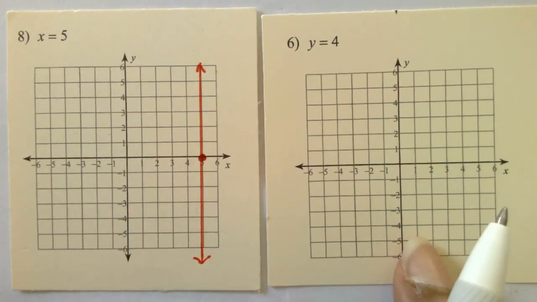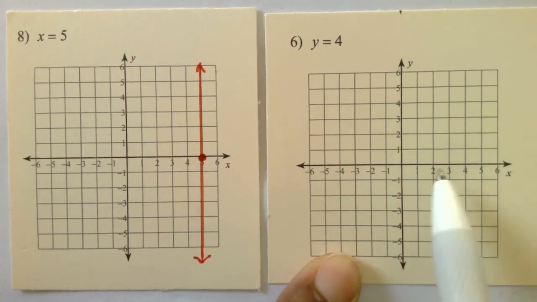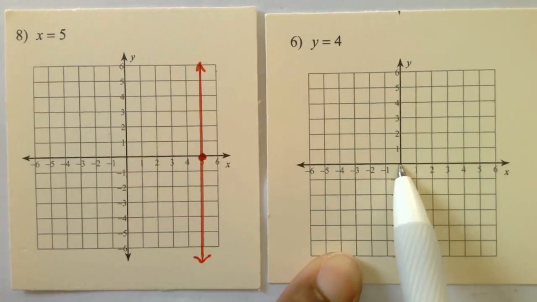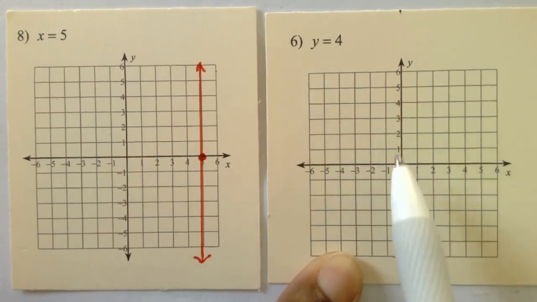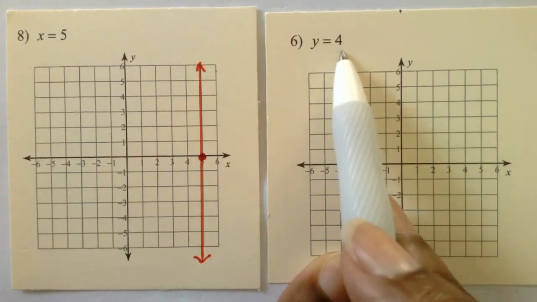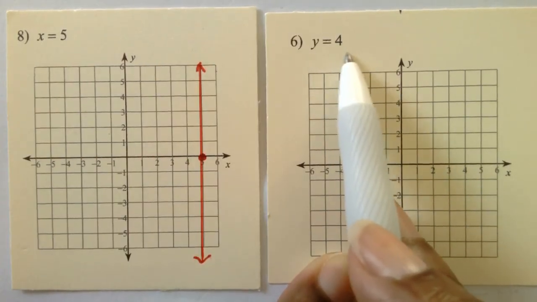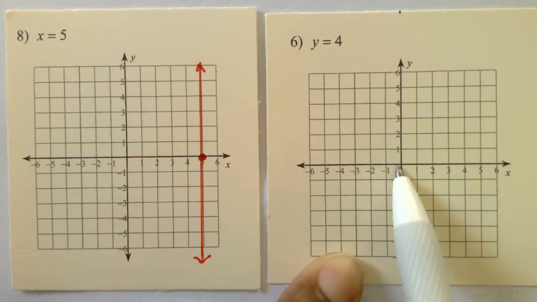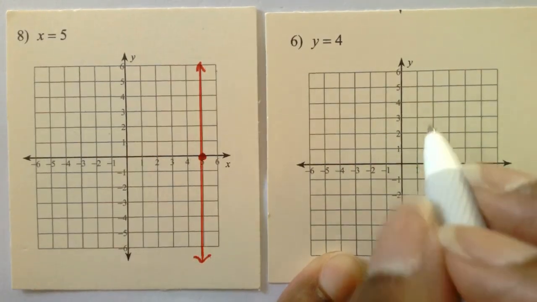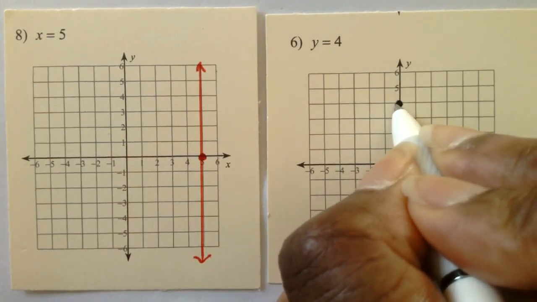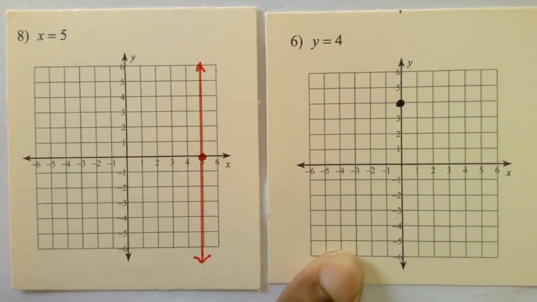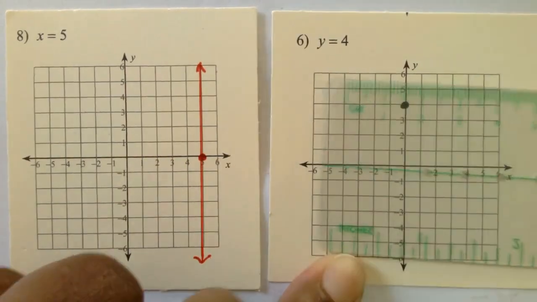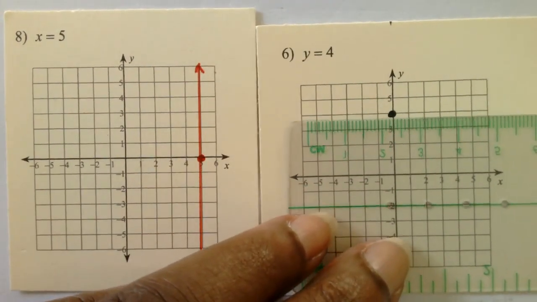Horizontal. Yes. So, starting at my origin, and it says y equals 4. So there's no x. If there's no x, that means it's not crossing the x-axis at all. That means from the origin, I'm going up to 4. I could put my point right here. And that means I'm actually going to draw a horizontal line.